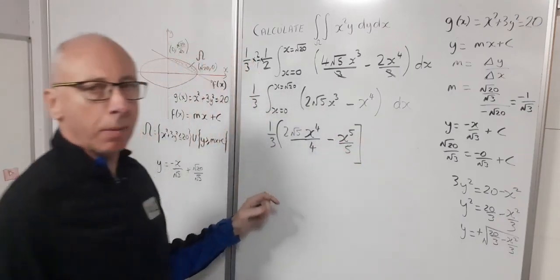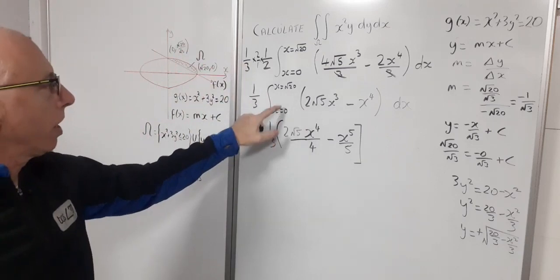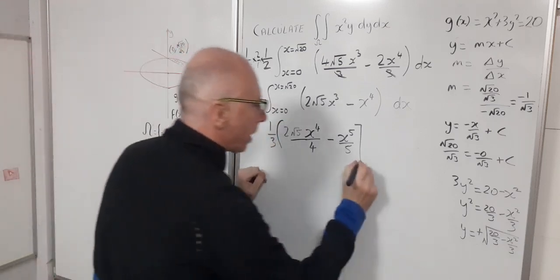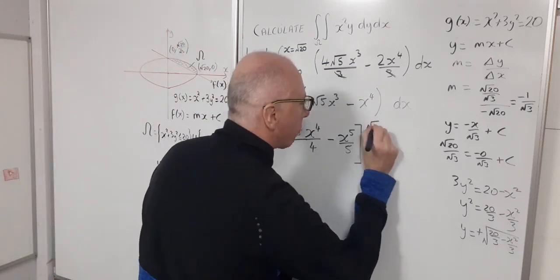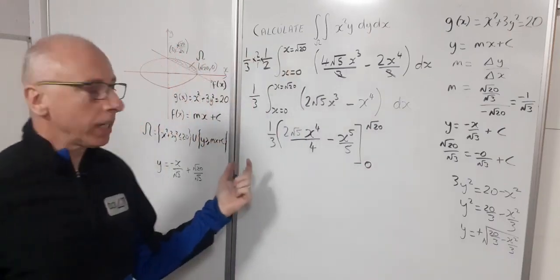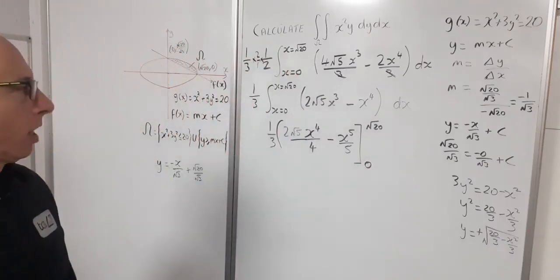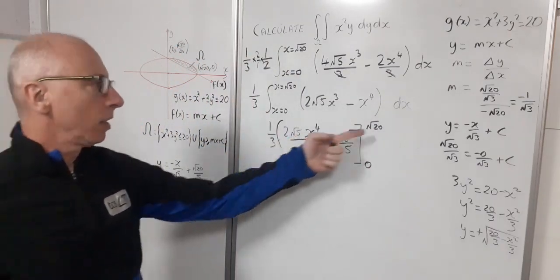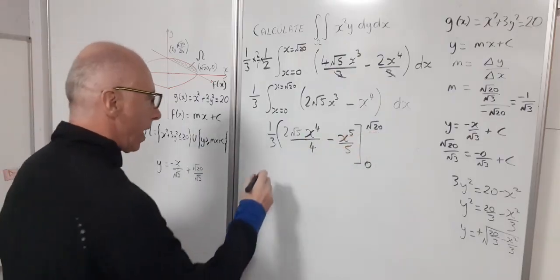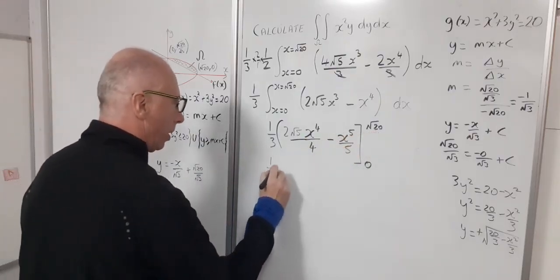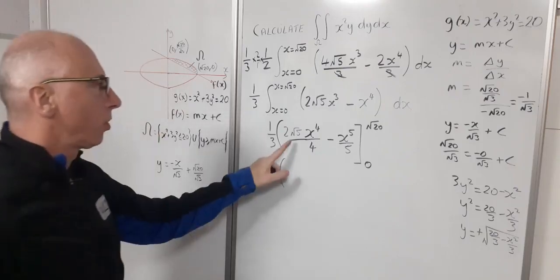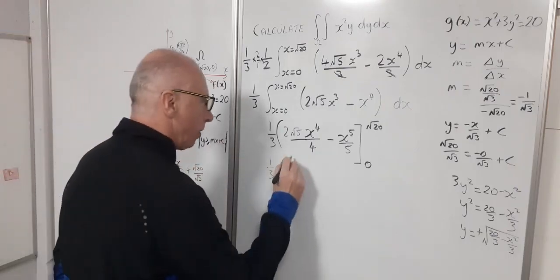And now I've got my parameters of integration, which are x equals 0 and root 20. So I'm just going to now write 0 and root 20 as we've integrated, and there's only x in there. So where I see an x, substitute root 20. So let's go for that. So 1/3 multiplied by 2 root 5, let's keep that, over 4.